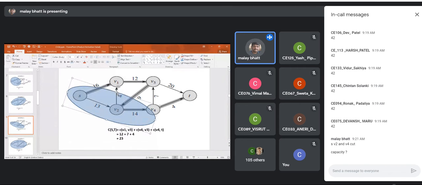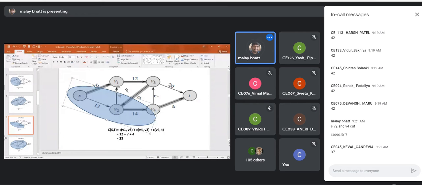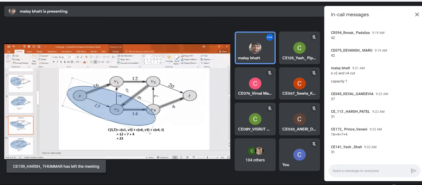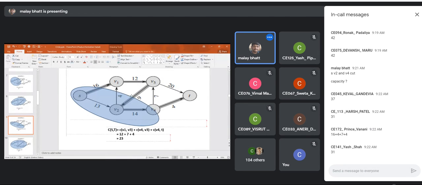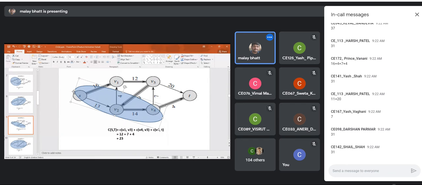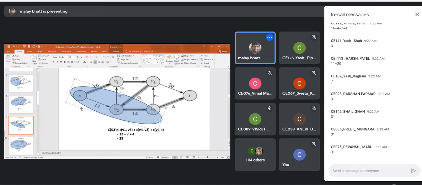So S to V1 is 16, then V2 to V1 is 4. So 16 plus 4 is 20.